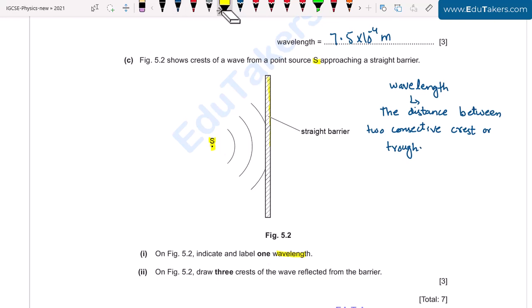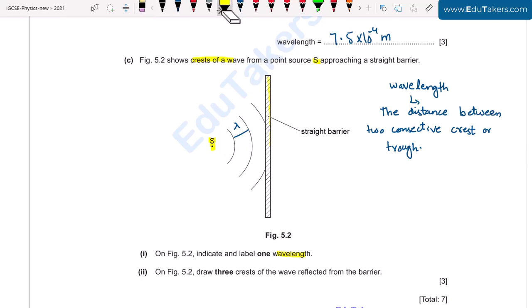In the question, the crests of the wave are shown. So these are the crests, and we can simply say that the distance between these two crests is equal to one wavelength. Also the distance between this crest and this crest is also equal to one wavelength. So we can mention any one of these.